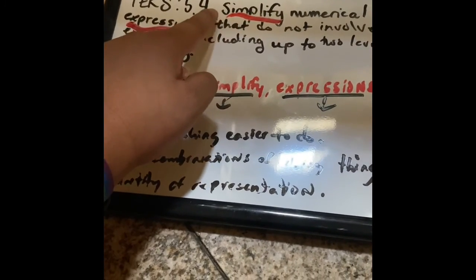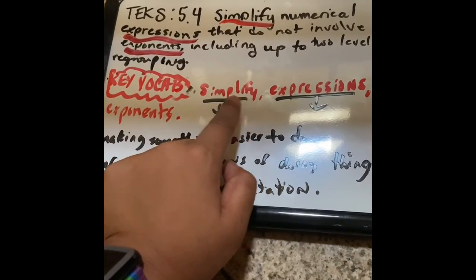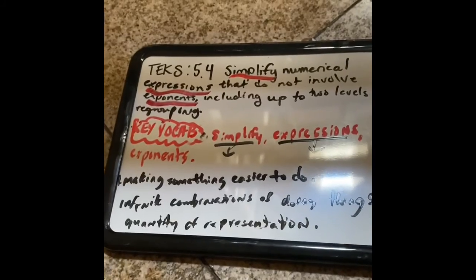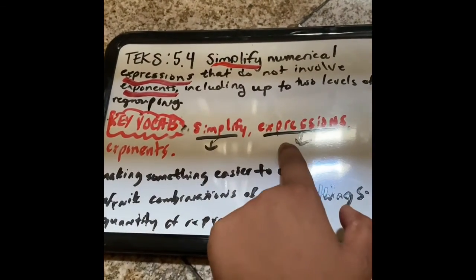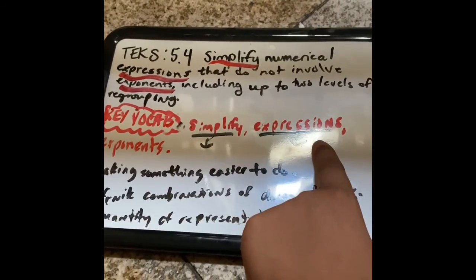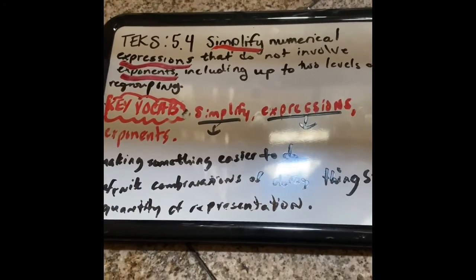So let's look at this first word, simplifying. The root word in simplify would be simple, right? Expressions. Root word would be express. And exponents, which we'll come back to in just a second.